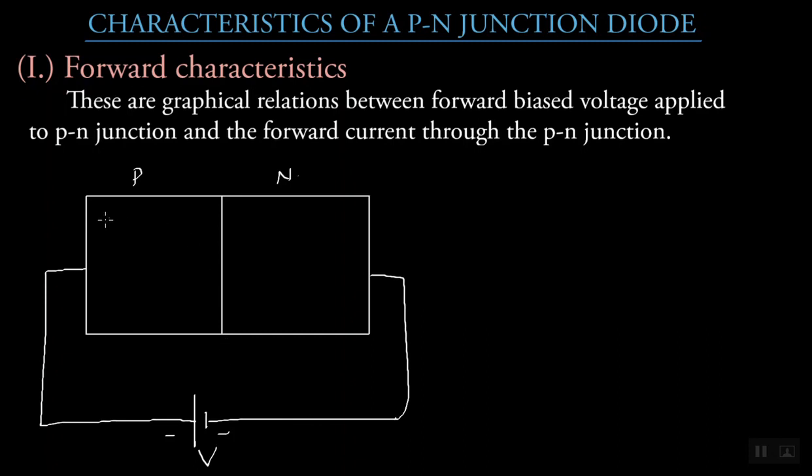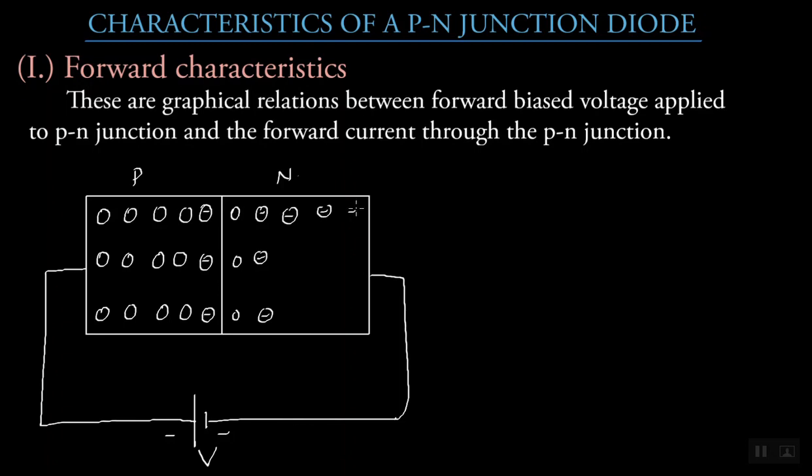You remember that in the P side there are holes, right? There are holes like this, and we have the depletion layer. Now what will happen?